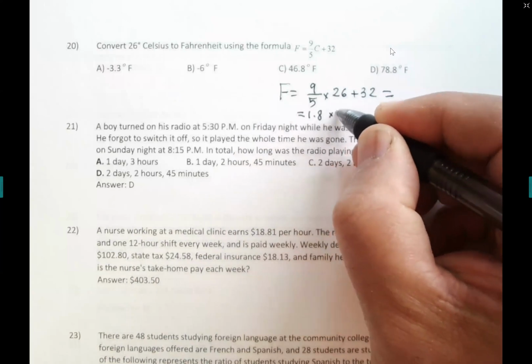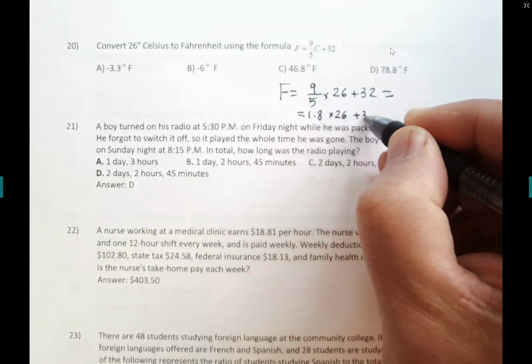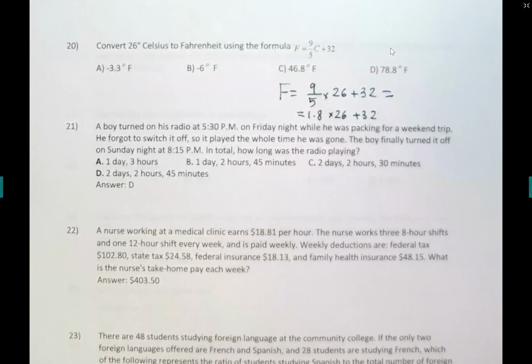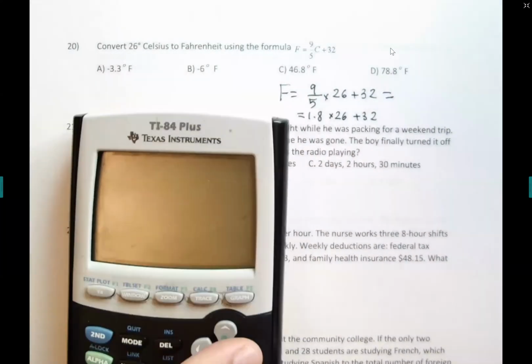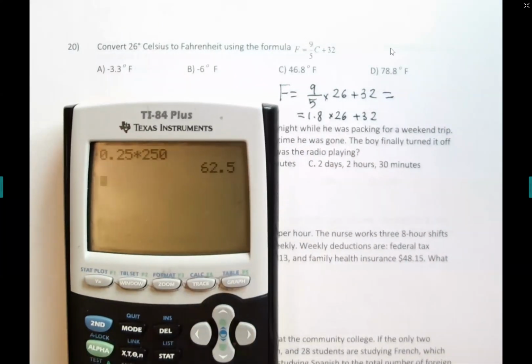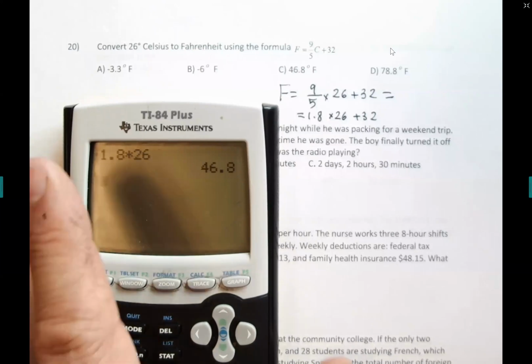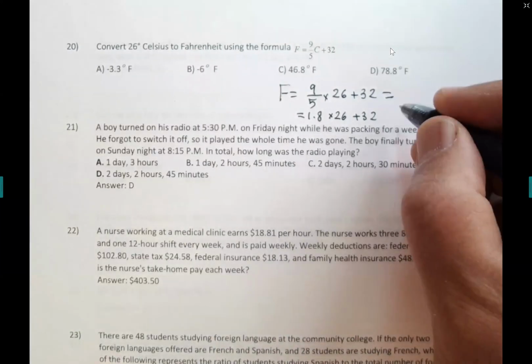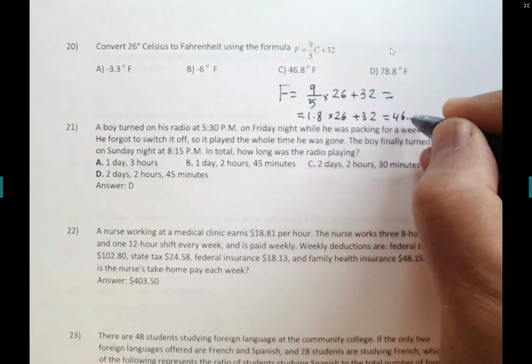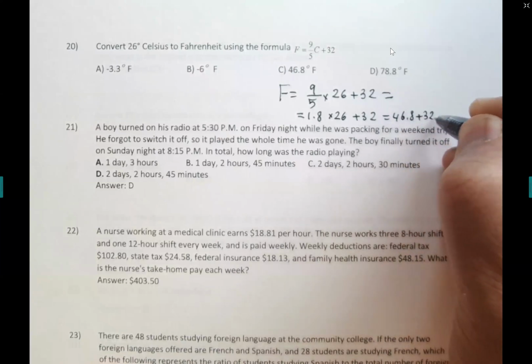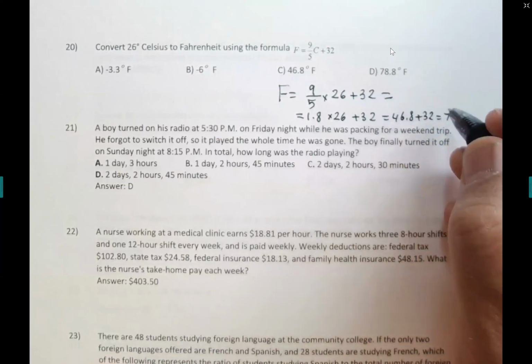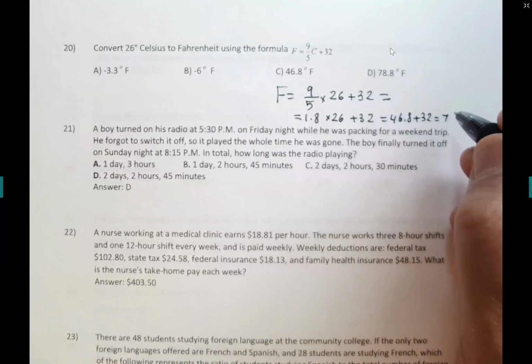Then you multiply by 26, and whatever answer you get, you add it to 32. So that will be 1.8 times 26, 46.8, plus 32, which is 78.8.